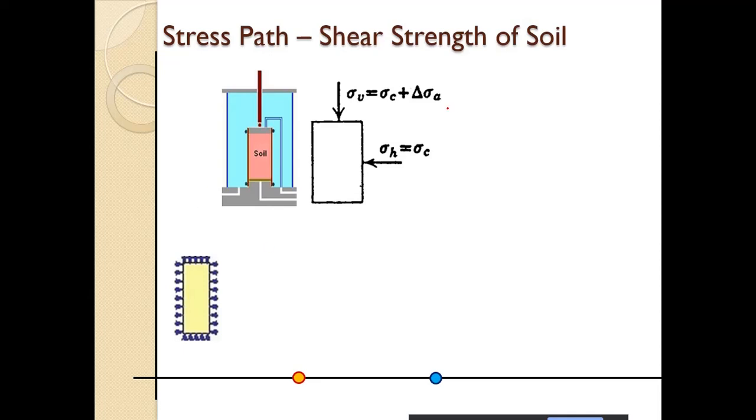If you recollect what we have discussed about the triaxial test, in the triaxial test there are two steps. One is the consolidation, or rather cell pressure application, not consolidation. If the cell pressure application is undrained, then it is unconsolidated. If it is drained, then it is consolidated.